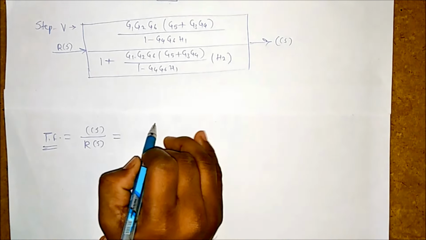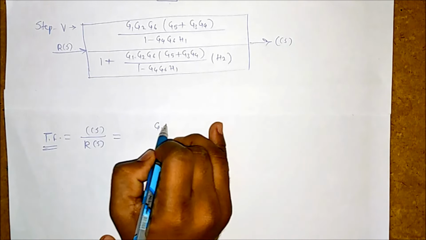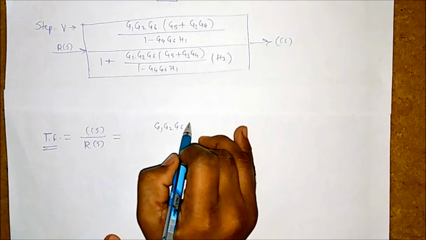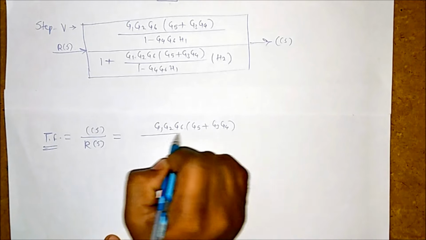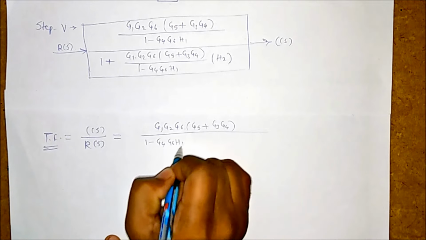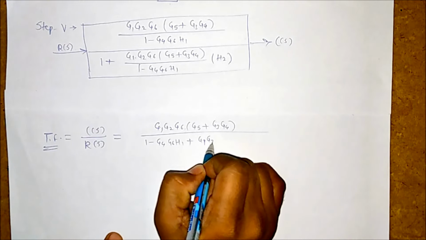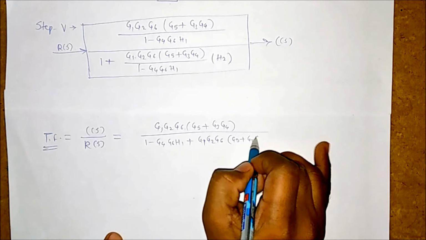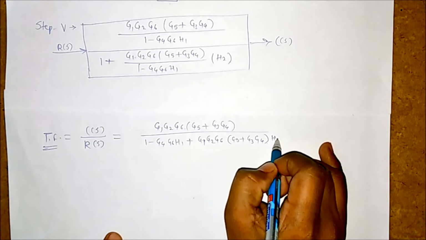If you try to solve this, what do you get here? G1 into G2 into G6, G5 plus G3 into G4 divided by 1 minus G4 into G6 into H1, plus G1, G2, G6, G5 plus G3 into G4 into H2.